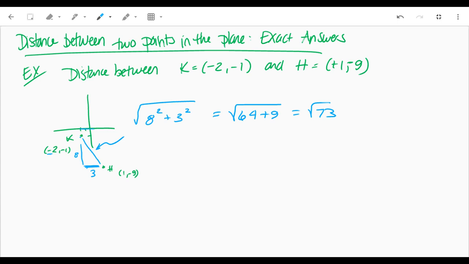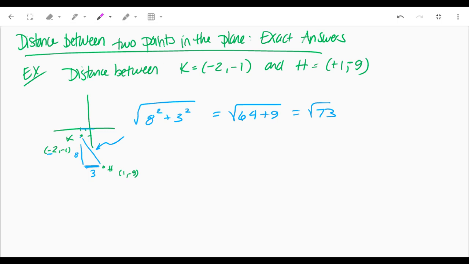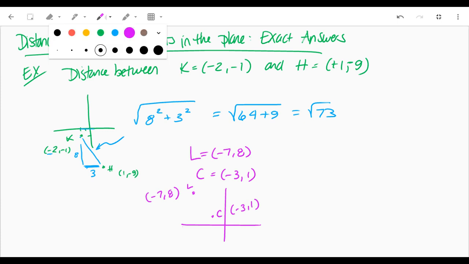Let's do another one. In this next one, they give you L, which is (-7, 8), and C, which is (-3, 1). So if I were to graph that, L at (-7, 8) and C at (-3, 1). Think about your triangle.